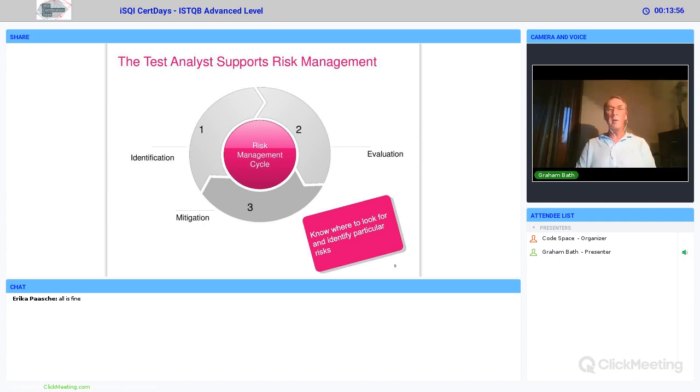And that's the same with the test analyst. The test manager will call on the test analyst and say, what do you see as being some of the principal risks that we're going to have in this project? Where should we put in the special emphasis? So it's a supporting role, but a very important role of the test analyst.